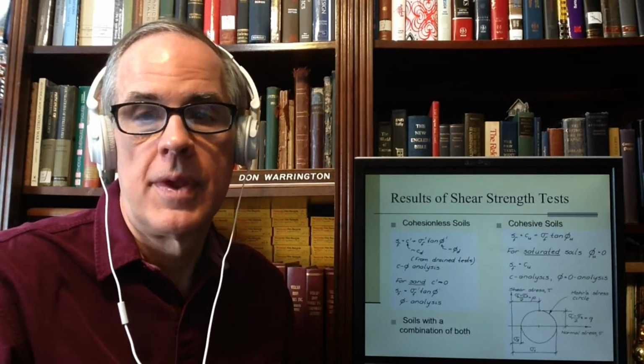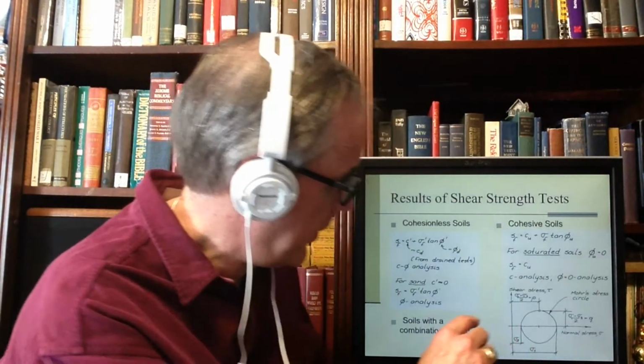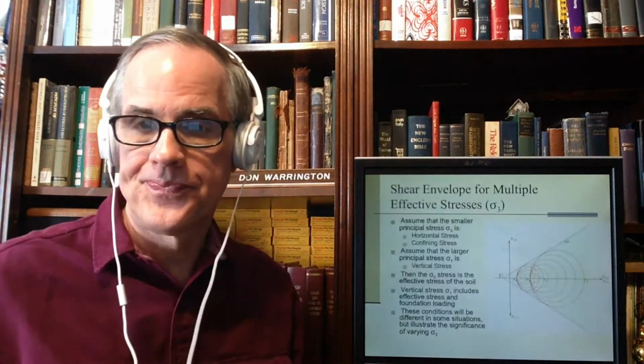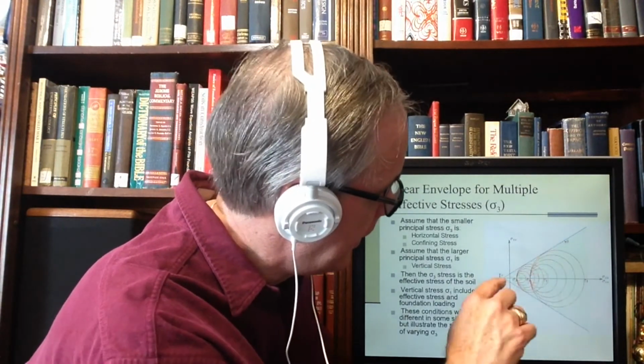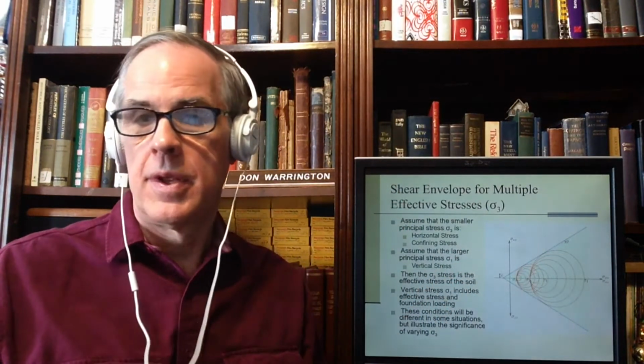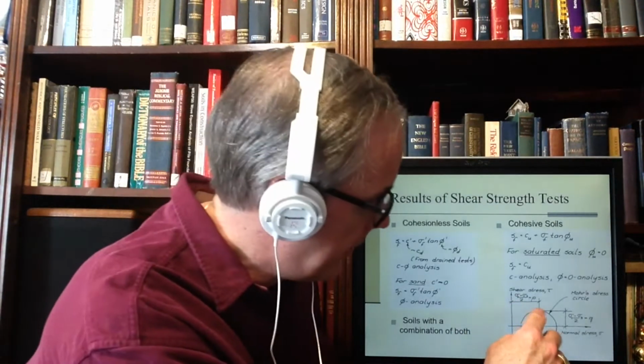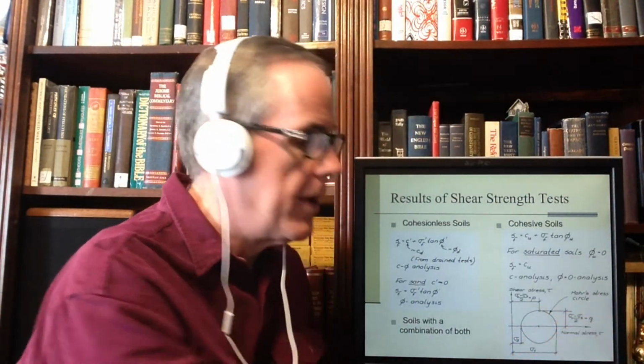Because for a failure envelope, if you recall, this is the phi value, this angle right here. If phi is 0, then this line is going to be horizontal. If that line is horizontal, then all of these circles, no matter where you run them, are going to be the same.